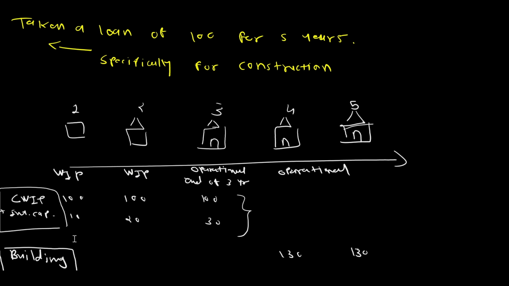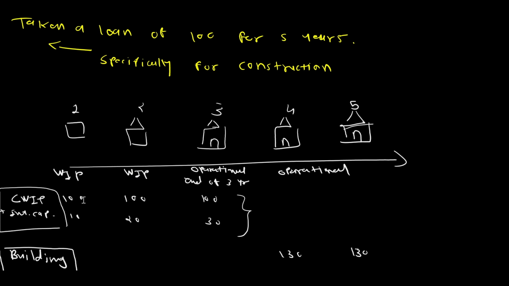So I will have the first year 10 rupees, then cumulative 20 and it will be 30, and this is my principal and this is my interest. So I have taken a loan and I need to pay interest on that loan also. So these both will be my cost of construction.